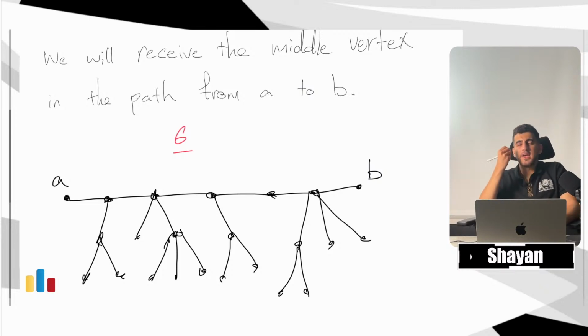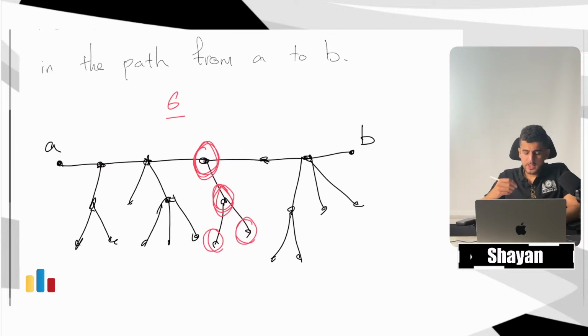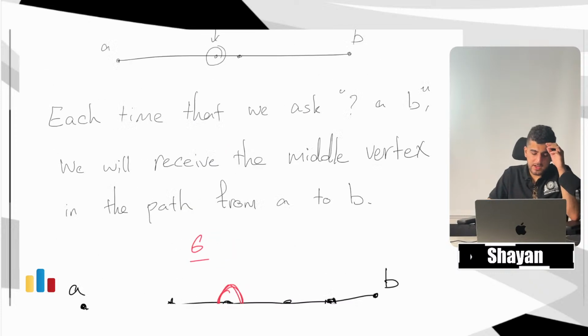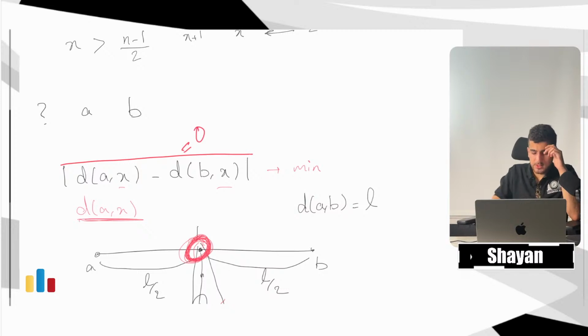I'm saying that the X that minimizes the difference of the distance from A to B is going to be this middle vertex. For this middle vertex of the path and all the vertices below it, the distance to A and the distance to B are the same. So this value that we want to minimize is going to be 0.